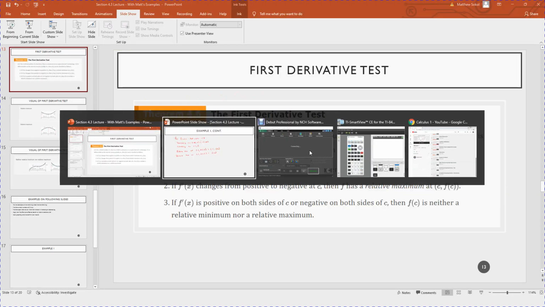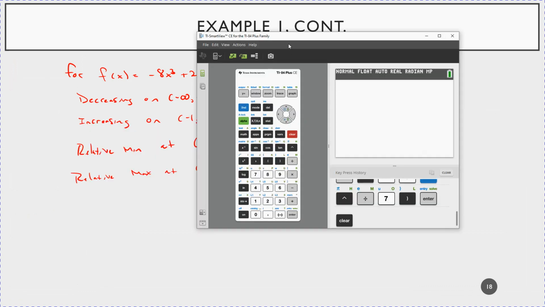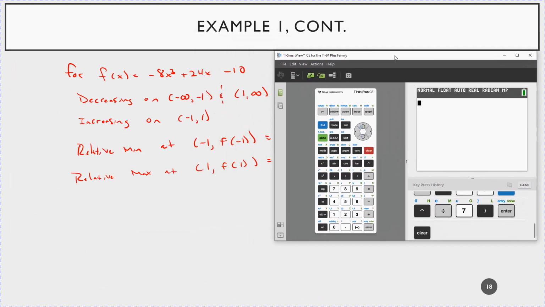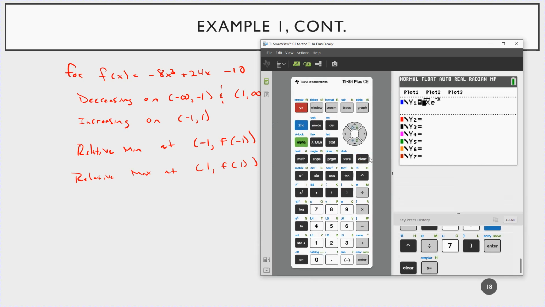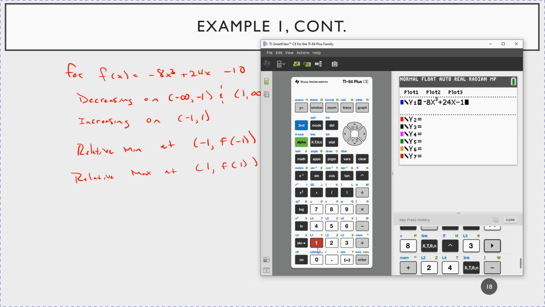And look, let's use our graphing calculator here just to verify the results and see if we did it right, just to make sure. So this is going to be -8x cubed plus 24x minus 10.